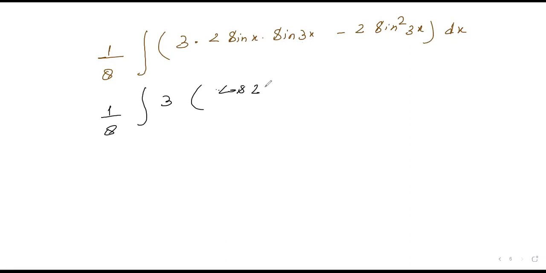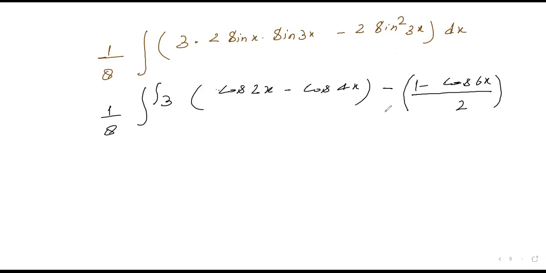It is basically cos 2x minus cos 4x, and 2 sine square theta is 1 minus cos 2 theta, which means 1 minus cos 6x, dx.